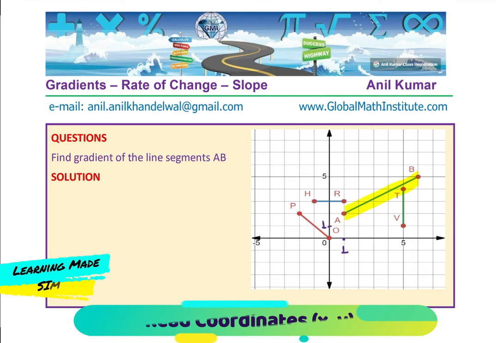So we'll count. A is 1 unit to the right. So for the coordinates of A, we can write the x value as 1, right? When I say coordinate values, we are taking this as the x-axis and the other one as the y-axis. Therefore, for any point, first we write the x value and then the y value.